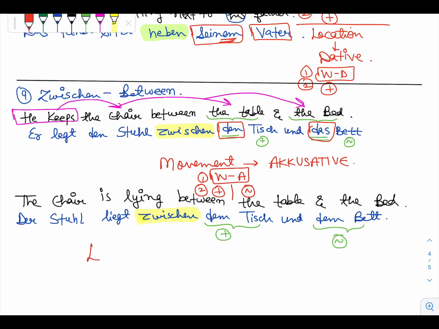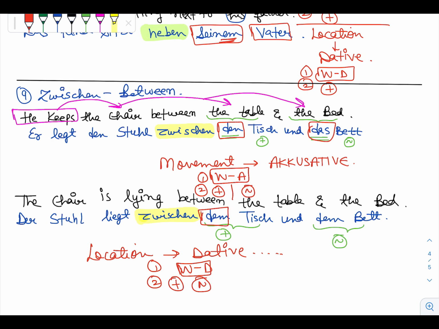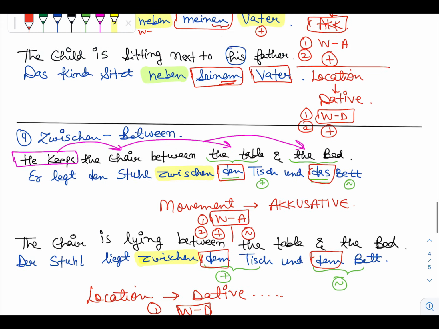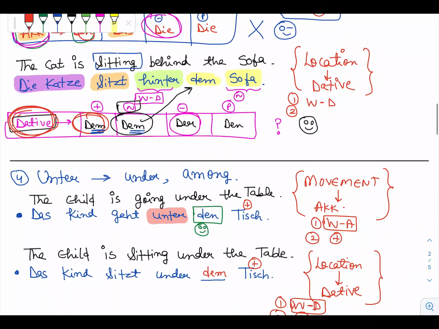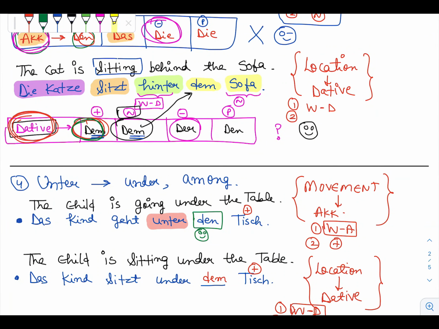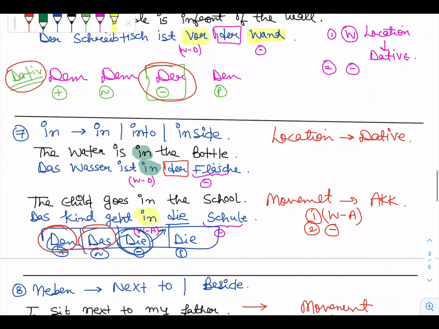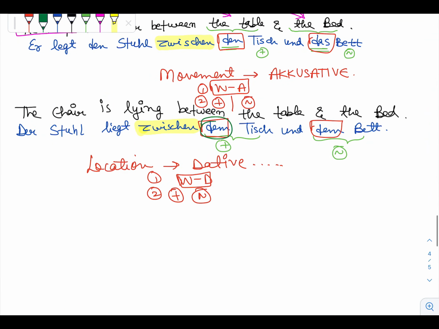So we check whether it's a location or a movement. We check, it is a location. So dative, Wechsel of dative. Second thing, masculine and neutral. In masculine of dative, "dem", and also in neutral, "dem". That's what we wrote here: "dem" and "dem".